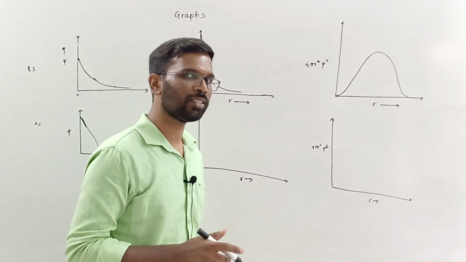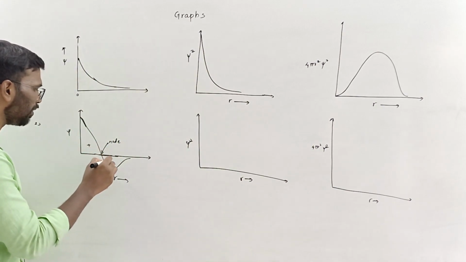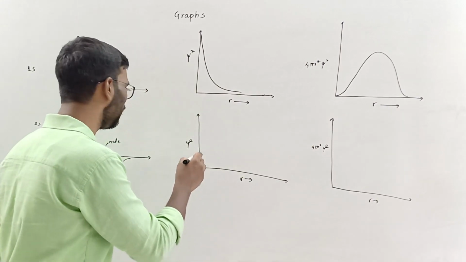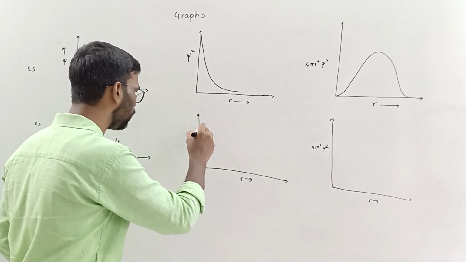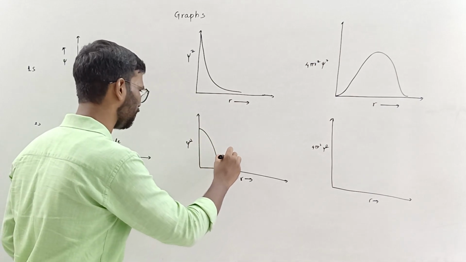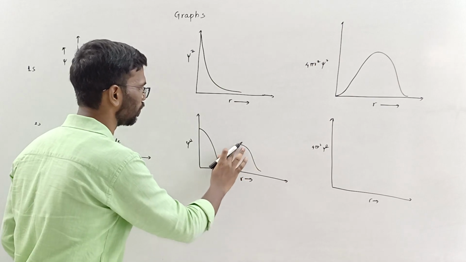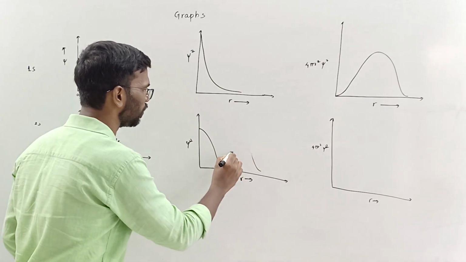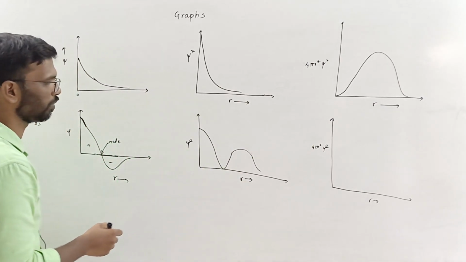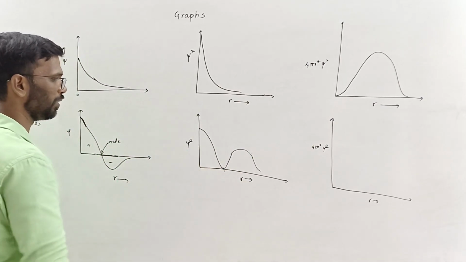Psi square is a square, so where psi is positive and negative, square means there won't be any negative sign. So it will be this way, both positive over here, and this is a node it represents.